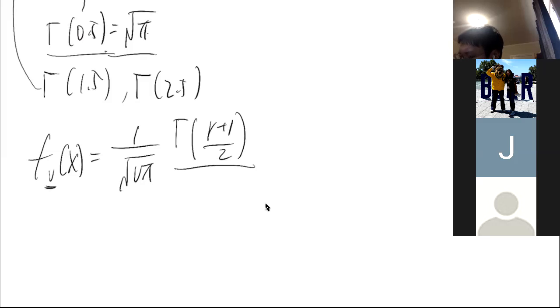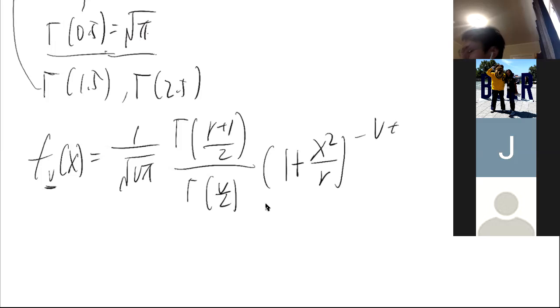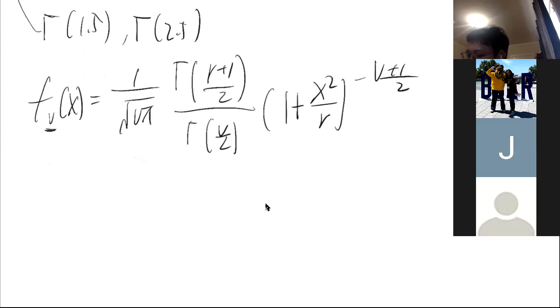For a t-test, we take the degrees of freedom as a parameter, as a constant, and x is the variable. This is a PDF just like the normal curve, where you have mu and standard deviation as input and x as the variable. It's the same thing, just in a different, slightly more complicated form.